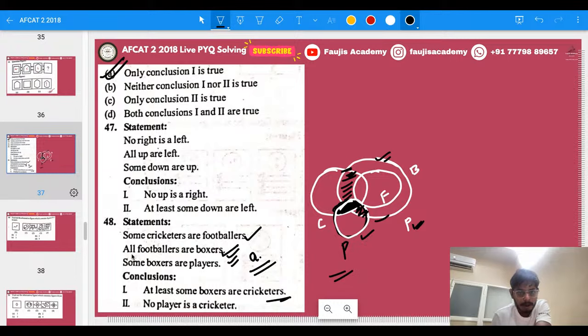Because all of the footballers are boxers and some cricketers are footballers, so this intersection will always come. We cannot avoid that. But this one, no player is a cricketer. Some boxers are players. We can still draw it over here, and still boxers are players.